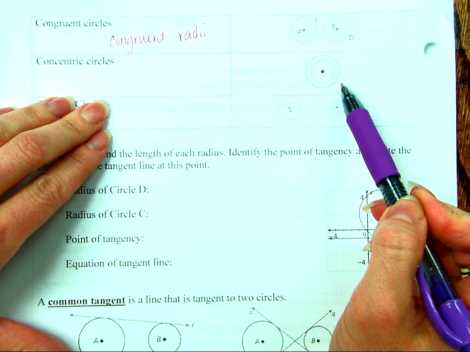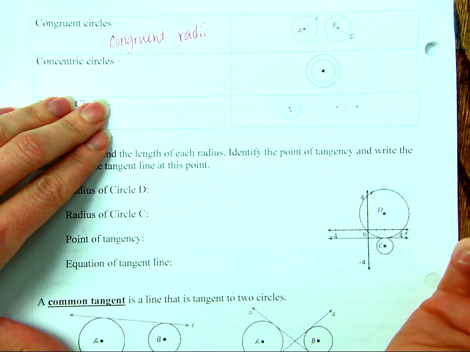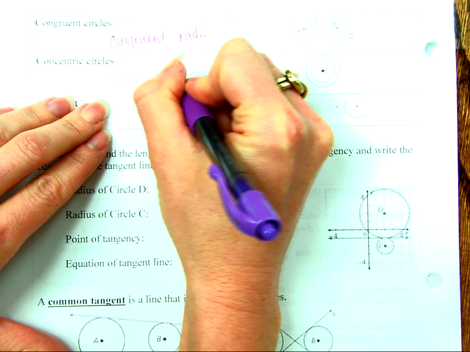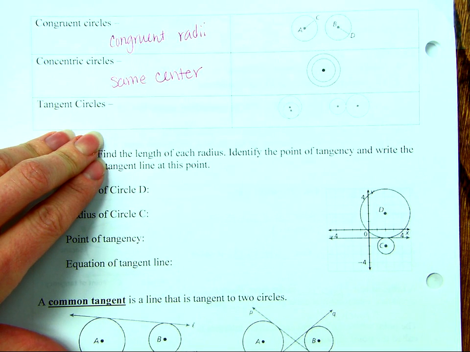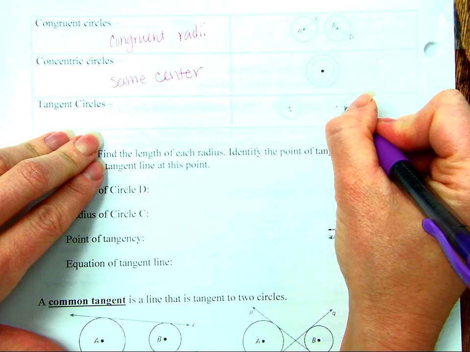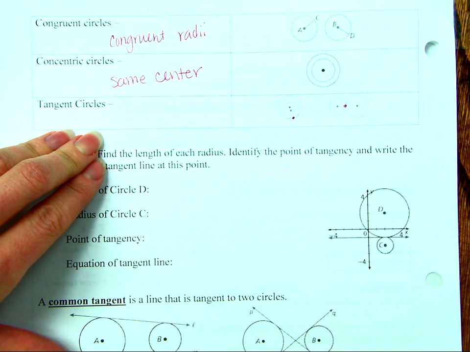You can see they're not necessarily the same size, but they actually have the same center point. Concentric circles have the same center. Tangent circles, well, again, tangent means touching, so there are 2 circles that touch at 1 point. These circles are tangent here. These circles are also tangent.